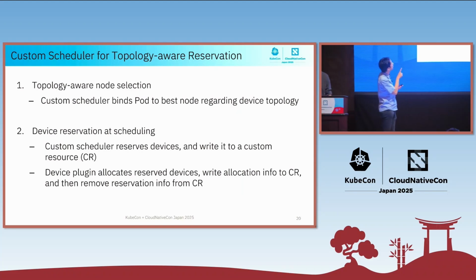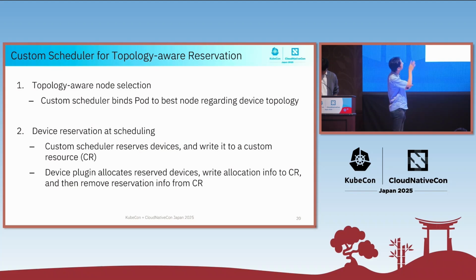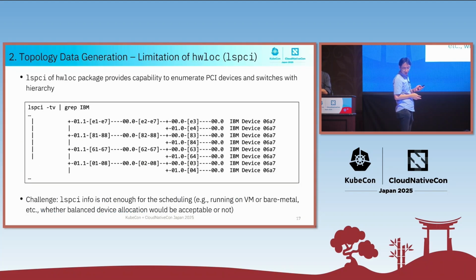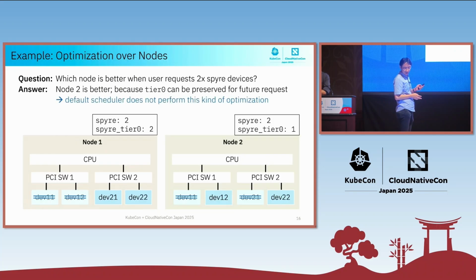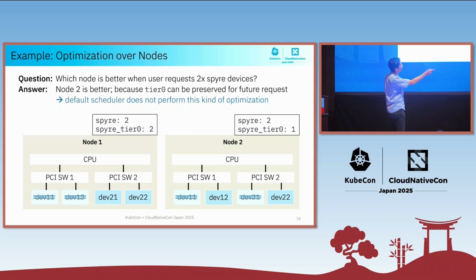One is the topology-aware node selection, as I mentioned in previous slides. It can bind pod to the best node regarding device topology, as I showed in this example. So the custom scheduler can consider which is the best node with respect to topology.